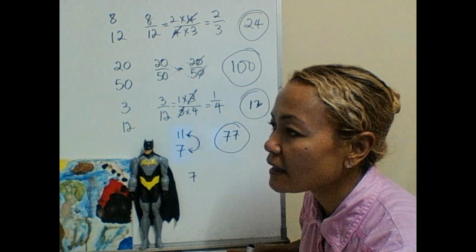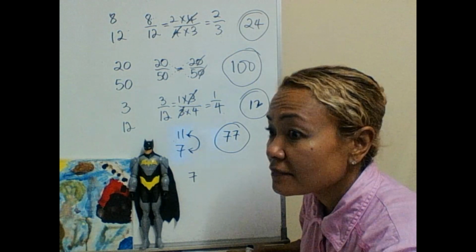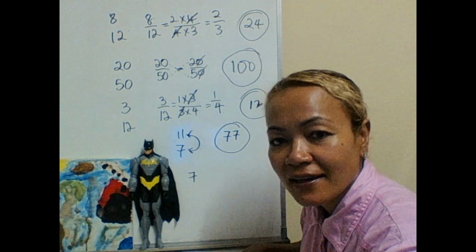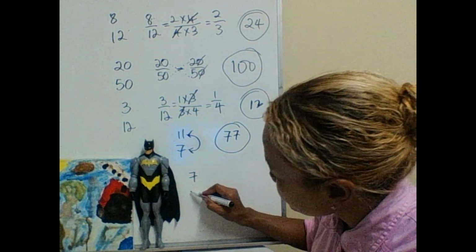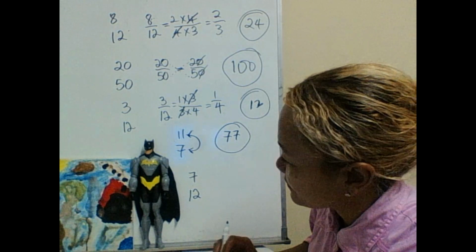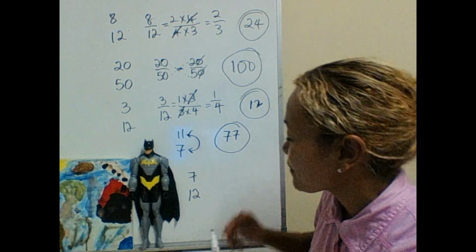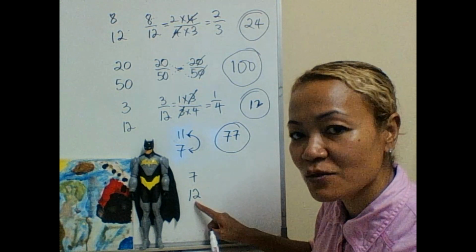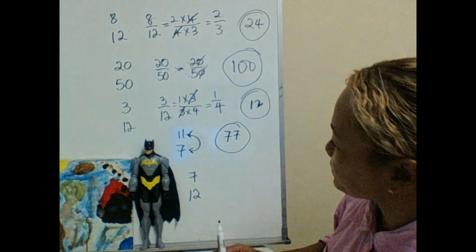Let's say, for example, 12. 12 is not a multiple of 7, and it is not a prime number, because 12 is 1 times 12 and also 3 times 4.